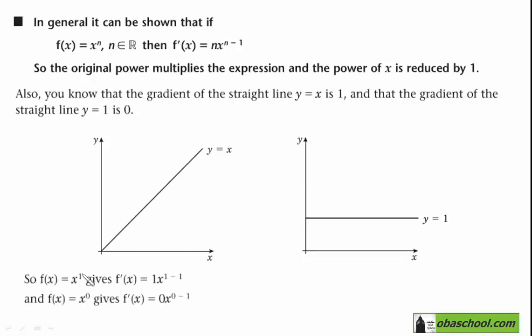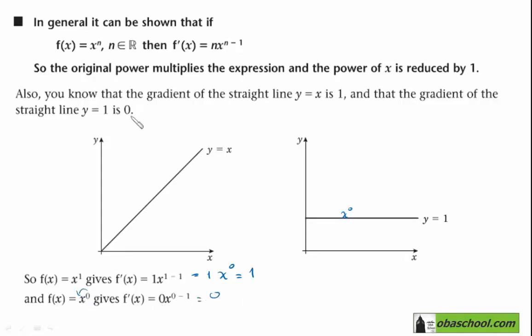For f of x equal x to the power 1, the derived form is n multiplied by x to the power n minus 1, that is 1 multiplied by x to the power 0, which is equal to 1. And for f of x equal to 1, we know 1 is x to the power 0.